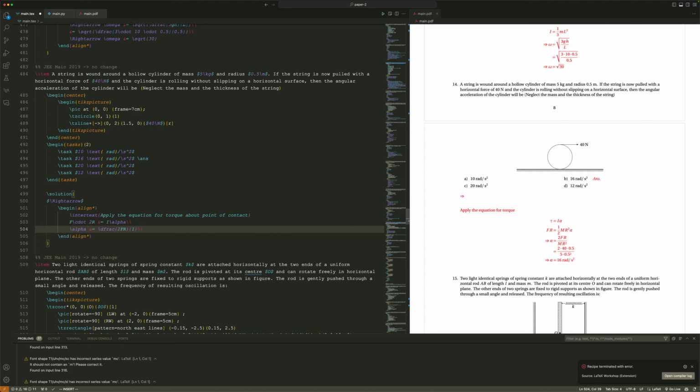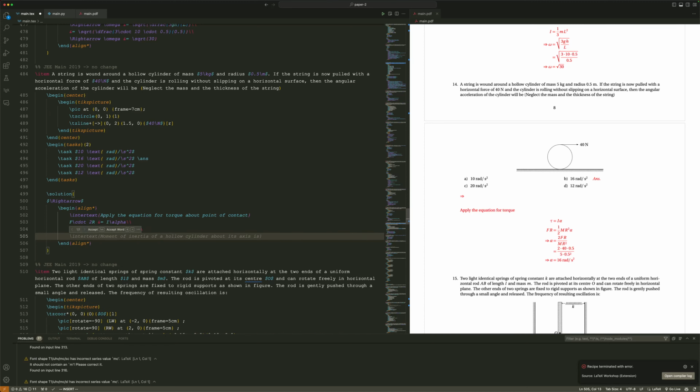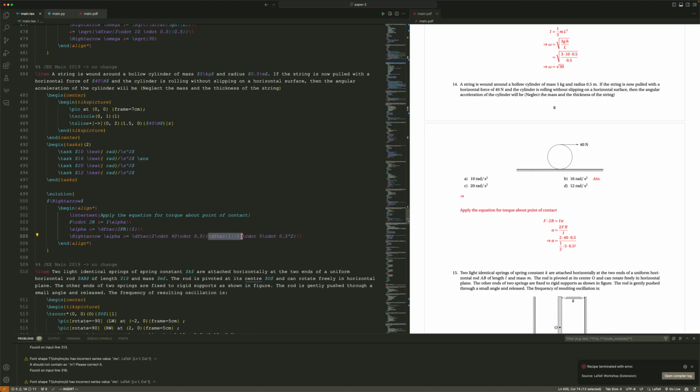Alpha is FR by I, yes, right. I, which is wrong; simply it will be 2mr square.